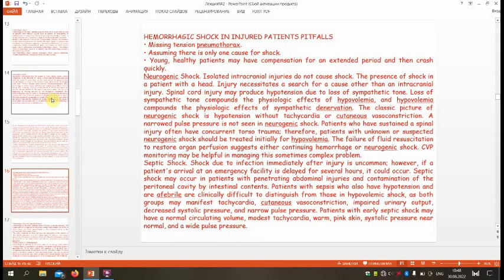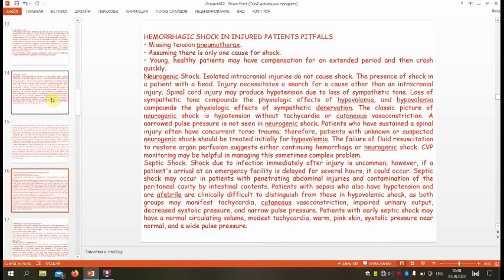Loss of sympathetic tone compounds the physiologic effects of hypovolemia, and hypovolemia compounds the physiologic effects of sympathetic denervation. The classic picture of neurogenic shock is hypotension without tachycardia or cutaneous vasoconstriction. Narrowed pulse pressure is not seen in neurogenic shock.